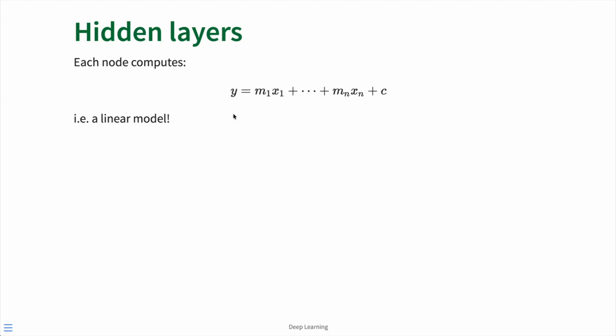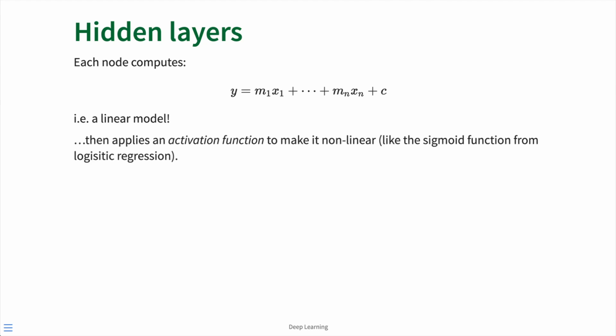However, because we want to convert this into sometimes a non-linear output, what we do is we take the output y of this linear part of the node and we run it through something called an activation function, which is a function that makes it nonlinear.